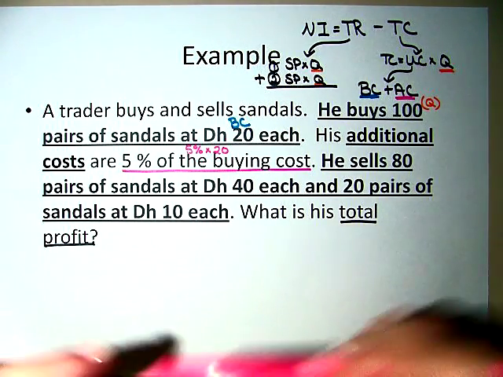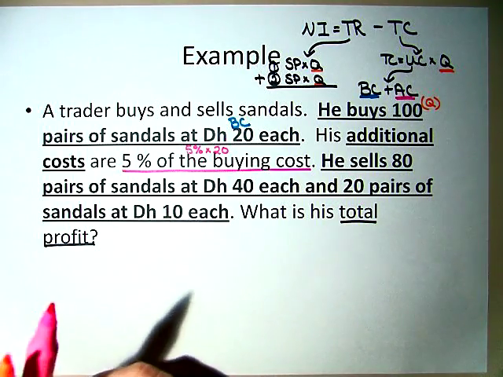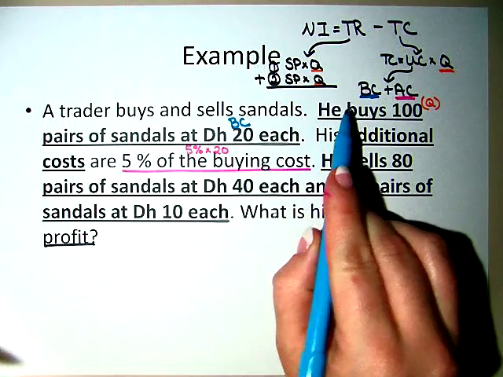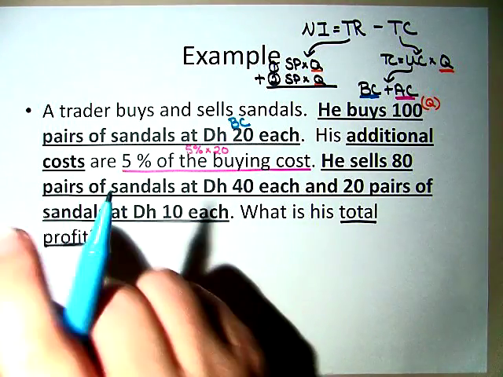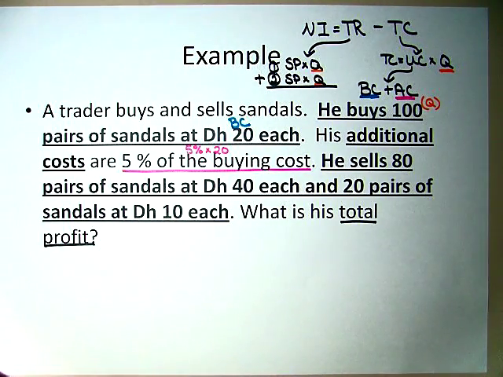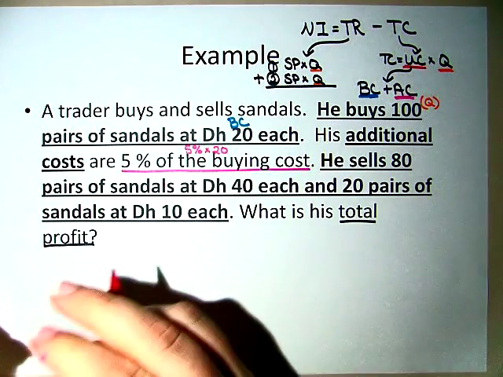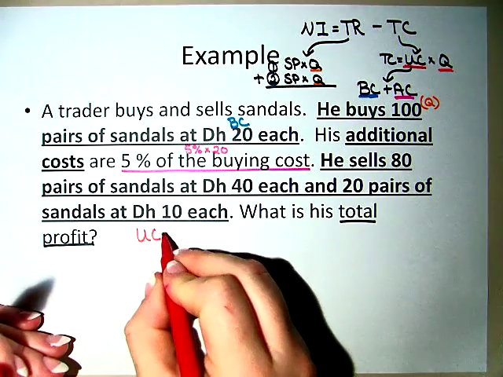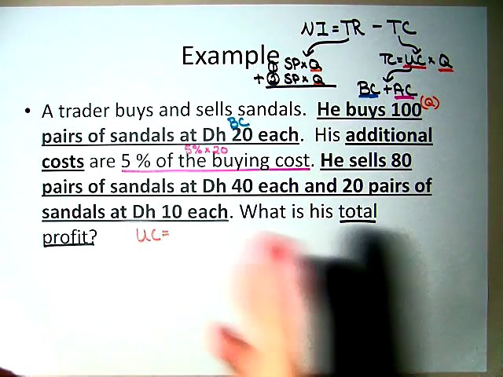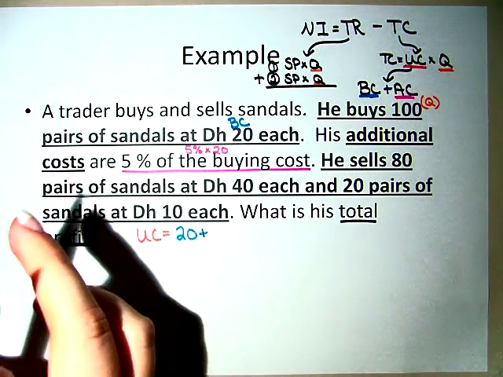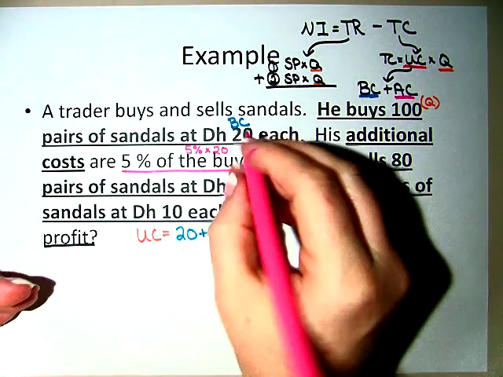So let's start with doing the total cost equation. That will be the easier of the two for right now. He buys 100 pairs of sandals at 20 dirhams each. So let's start by looking at our unit cost. Our unit cost is 20 plus, and how would we do 5% of 20?